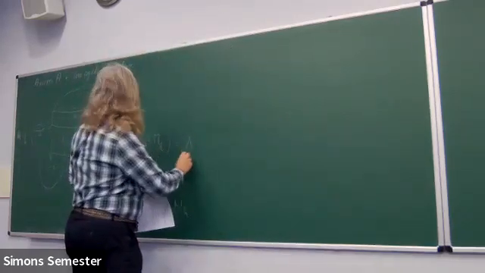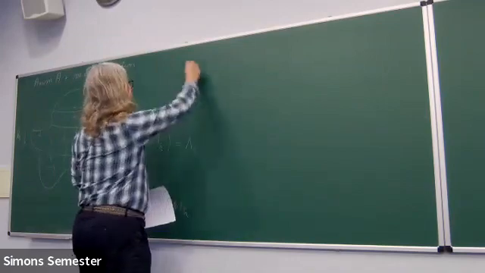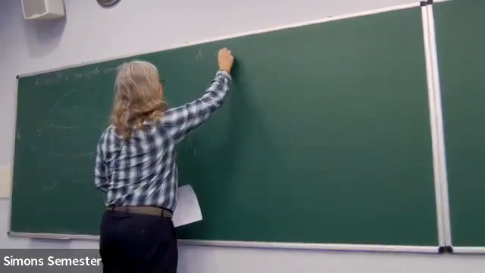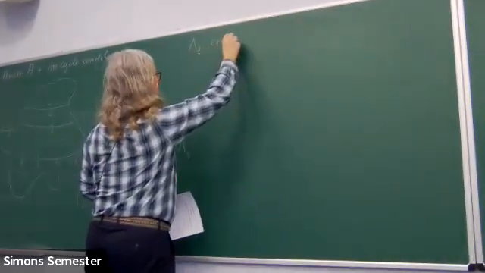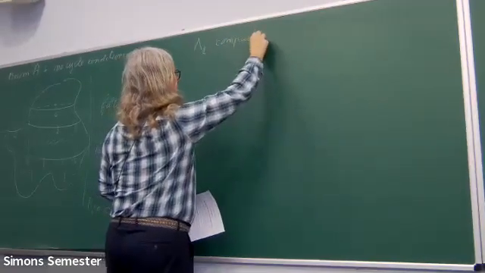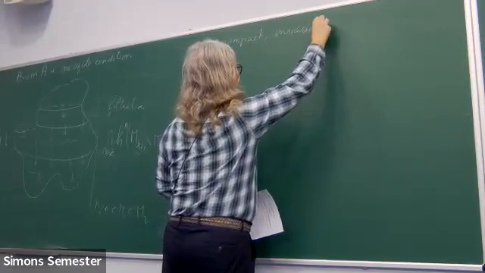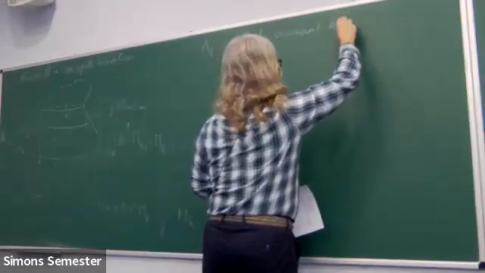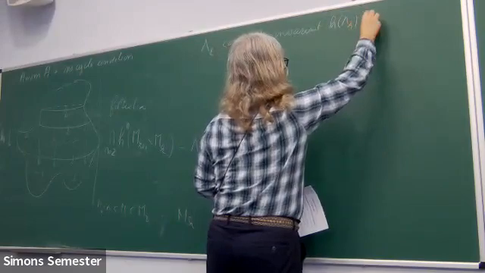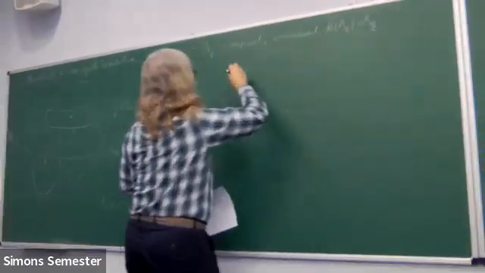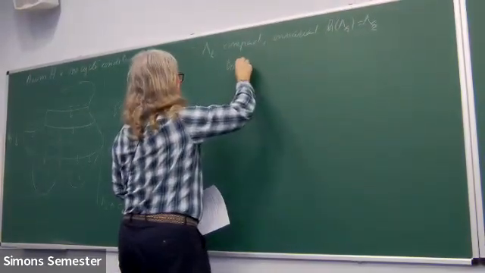So let's call that Lambda_k. Lambda_k is compact. Invariant means that h of Lambda_k is equal to Lambda_k. It will be transitive.